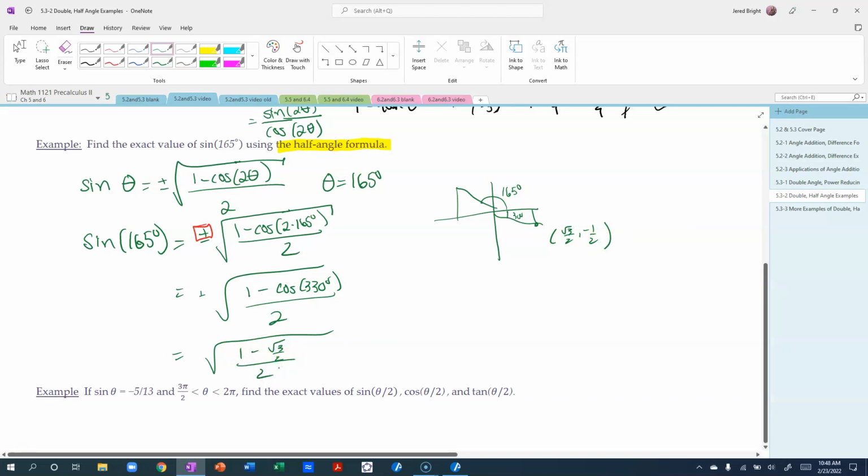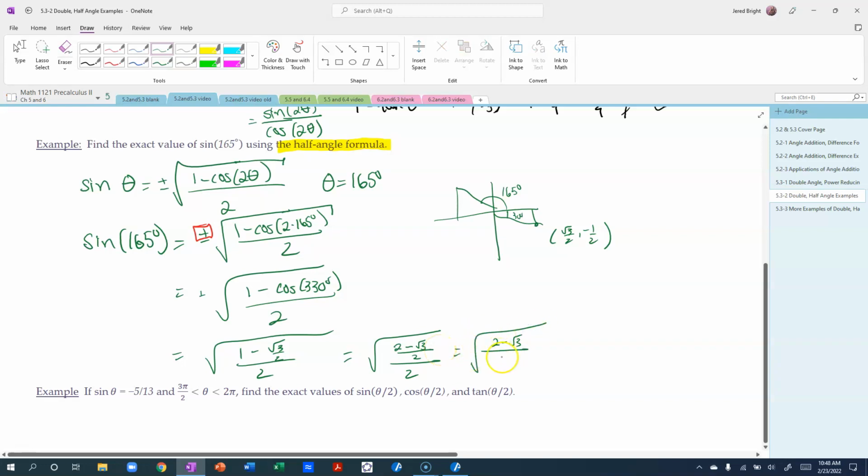Now for me, that's perfectly fine. Connect Math, of course, is going to want you to simplify. So we get square root of 2 minus square root of 3 all over 2, okay? So this mathematically ends up being square root of 2 minus square root of 3 all over, actually I should simplify this. I'll do one more step.